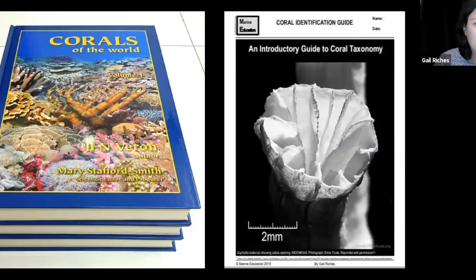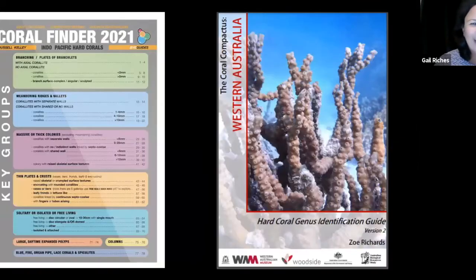They also have that information as a 3-volume book set, which is a fantastic resource on the left there. On the right is an introductory guide to coral taxonomy that I wrote for high school students, which is very similar to what I'll be talking to tonight. And you can find that on my website, marineeducation.com.au. So, plug in.